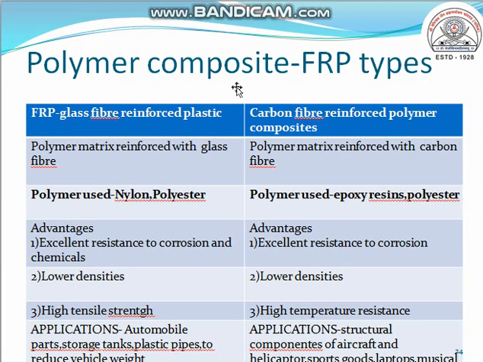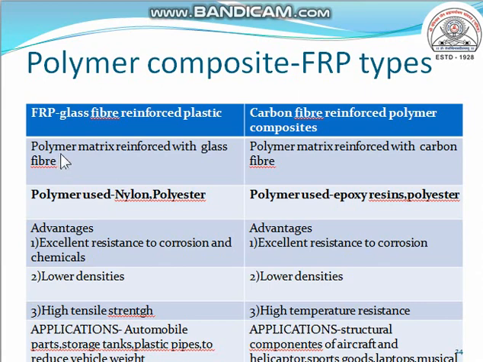Then the polymer composite fiber reinforced plastic types. There are two types included in your syllabus. Depending on which fibers are used as a reinforcing material, there are two types: glass fiber reinforced plastic and carbon fiber reinforced polymer composite.